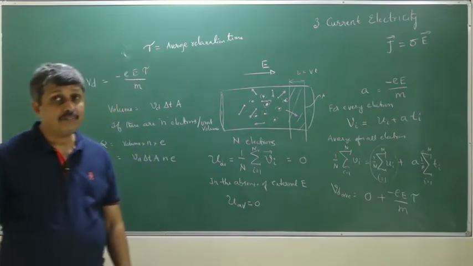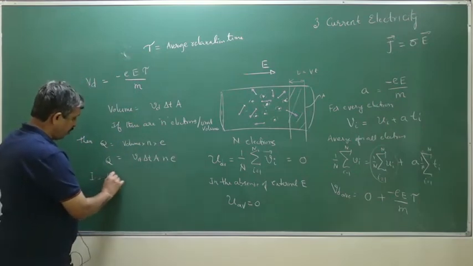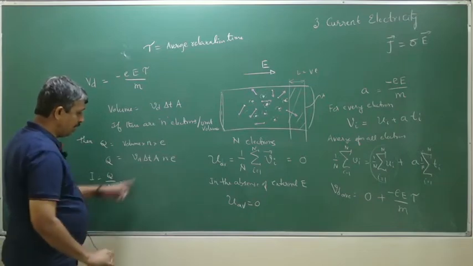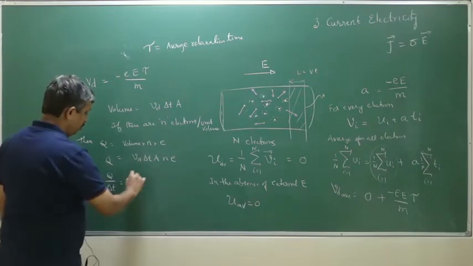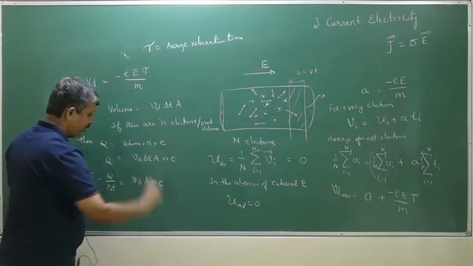So what is our current? Current is I equal to Q by delta t. Dividing the whole thing by delta t, it is Vd into A into n into e.